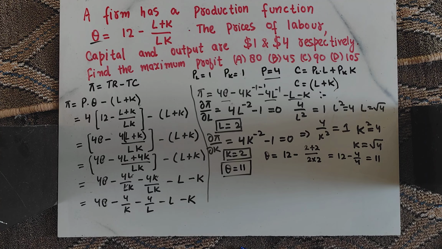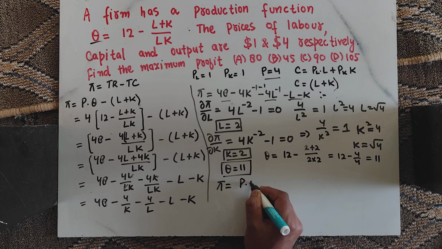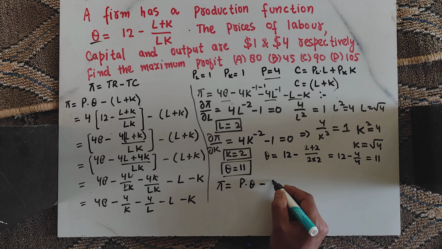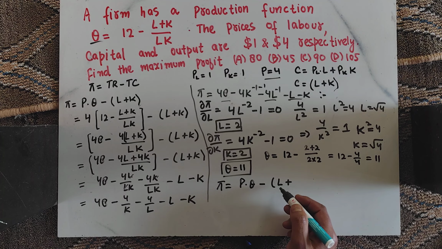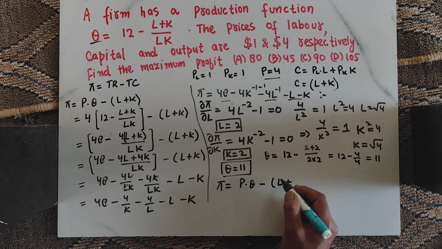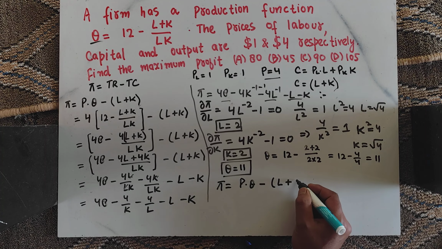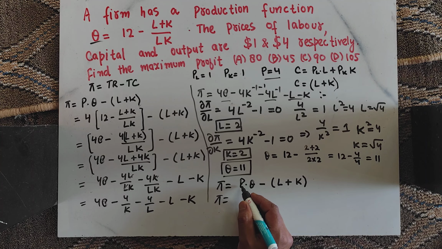Now total profit will be total revenue, price times output, minus the labor cost, which is the price of labor times L, and the capital cost, PK times K. The price is given as 4, and the output we found is 11.